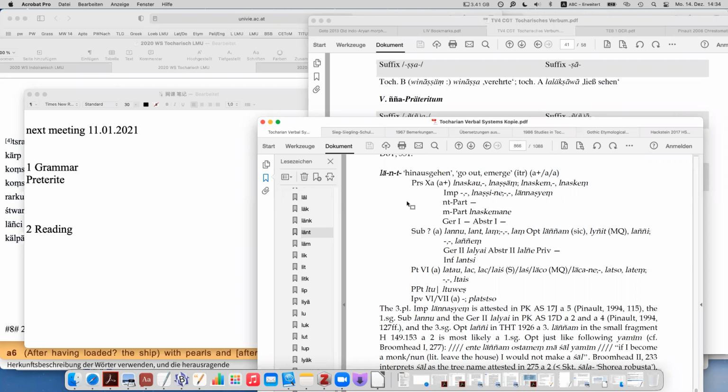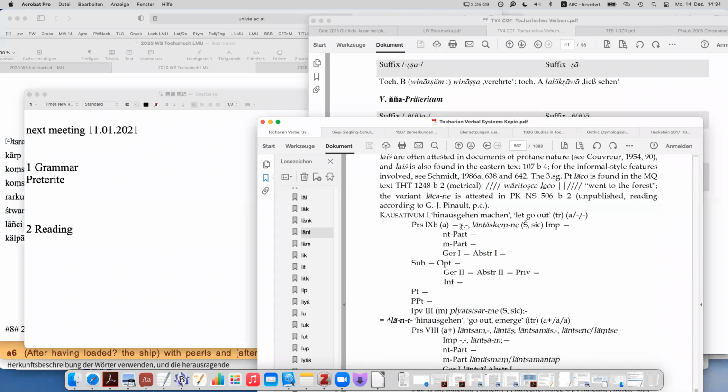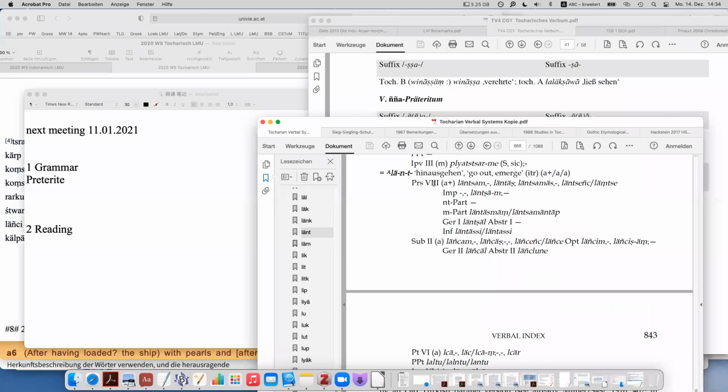But this root usually has a nasal infix. So you have the nasal, the nasham. This is for B, and for A it's the same. You really have a nasal infix here.